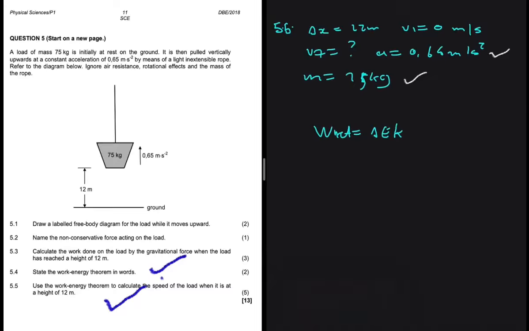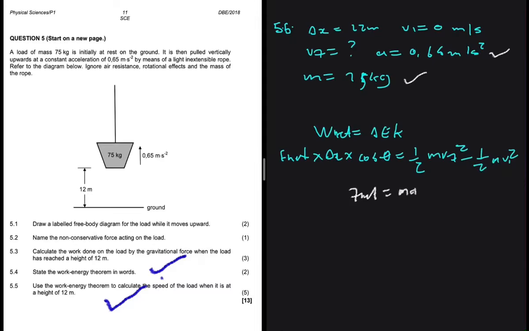So for work net, we can put F net multiplied by Δx multiplied by cos θ being equal to a half m Vf squared minus a half m Vi squared. Right, so what is F net? We've already established that F net is equal to ma, right?